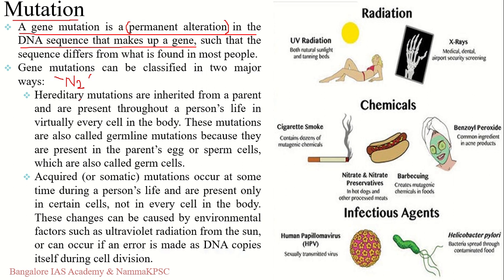Since the sequence of nitrogen bases contains the information for protein synthesis and mutations involve changes to these sequences, the proteins that are produced may also be changed, and this could be a good thing or a bad thing.